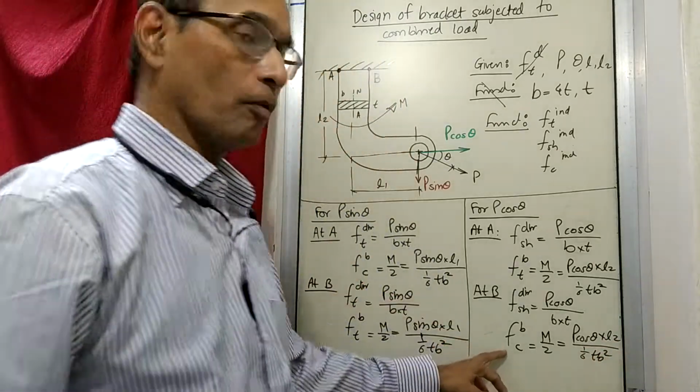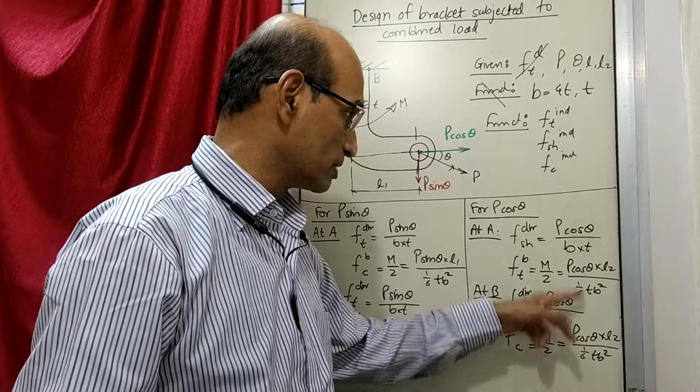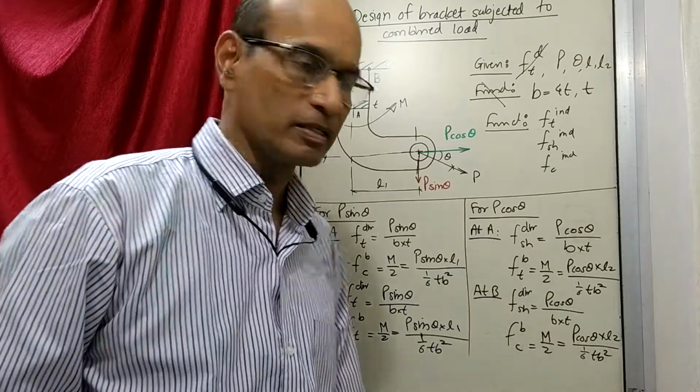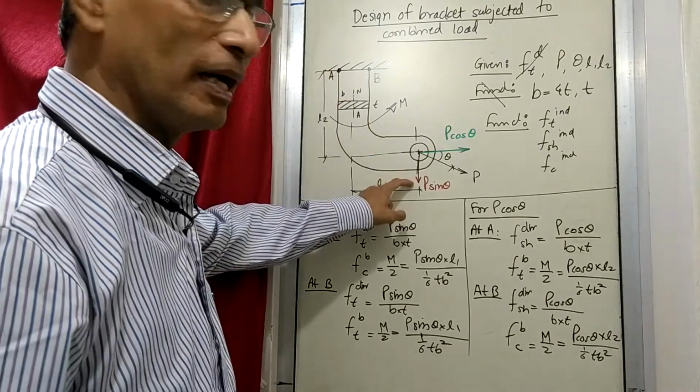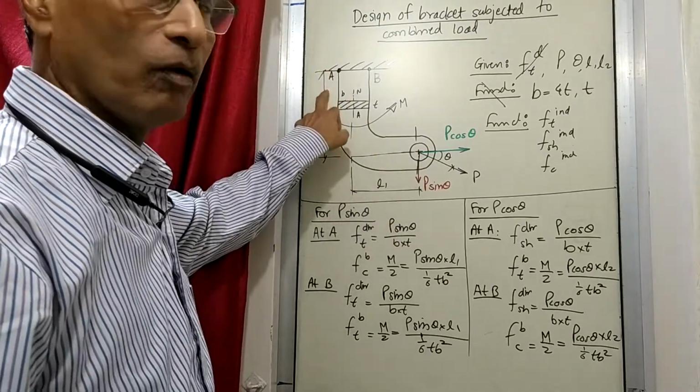But it is compressive bending, not tensile bending. This could remain same, but see the way it is different. So now what we have done, at A, because of P sine theta, because of direct and bending, what happened?